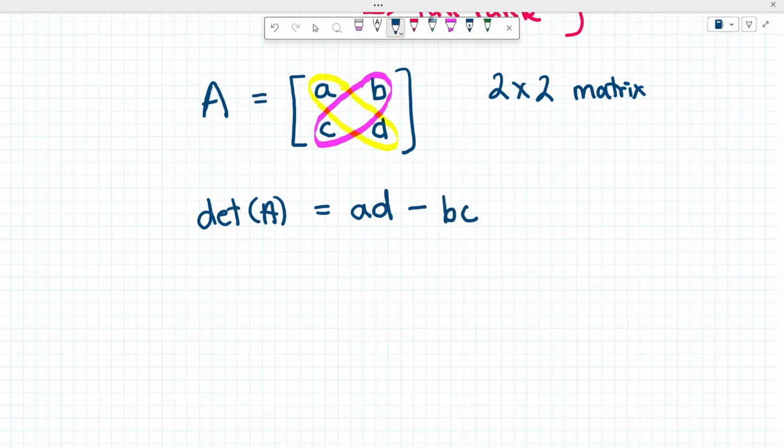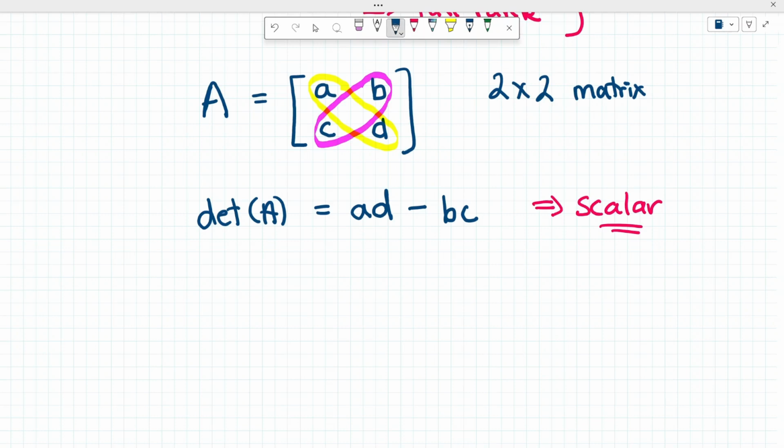Remember that our determinant gives us a scalar value. So this is a scalar output. We have our matrices, we have our vectors, these are vectors obviously, but the determinant gives us a scalar output.